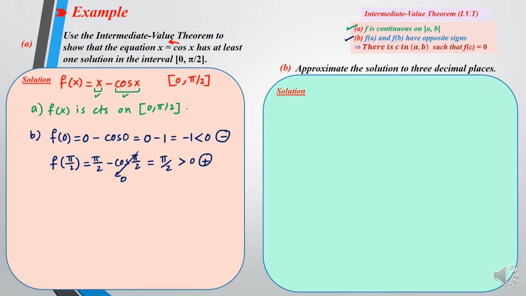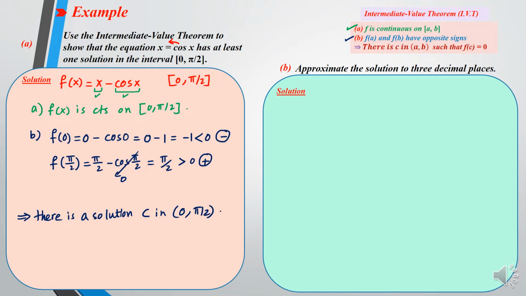Now since we have opposite signs for f of a and f of b, and f is continuous in the given interval, this means there is a solution c in the interval from 0 to pi over 2.